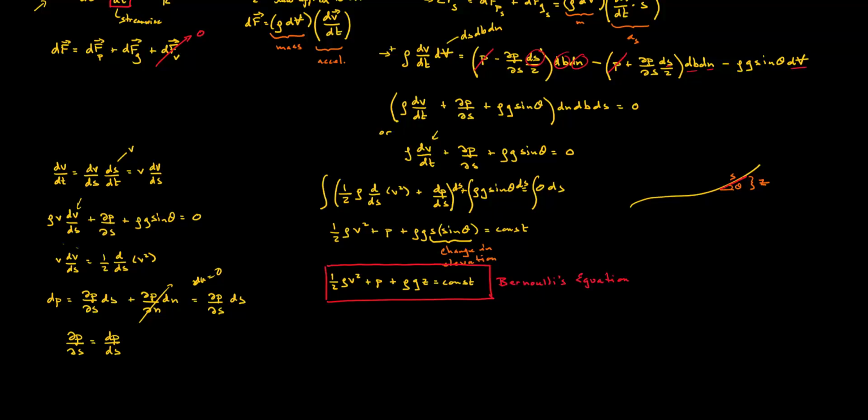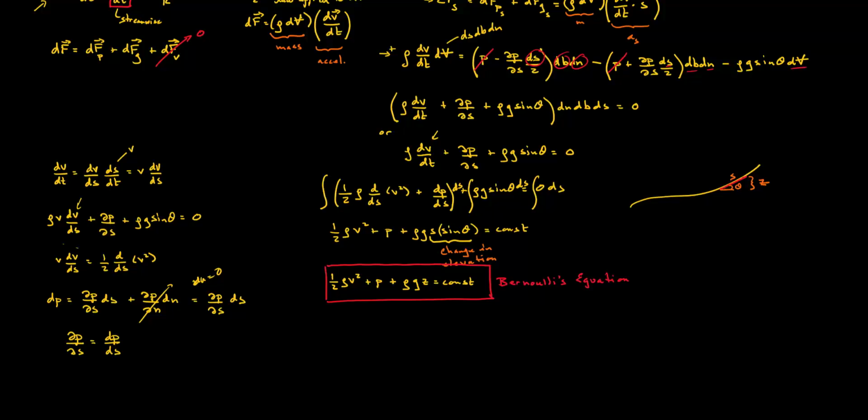Newton's second law applied to a steady inviscid flow results in this expression here, which is called Bernoulli's equation. Now, what does Bernoulli's equation tell us? For these assumptions of steady, incompressible, and inviscid flow, this sum of 1/2 rho v squared plus p plus rho gz remains constant along a streamline.